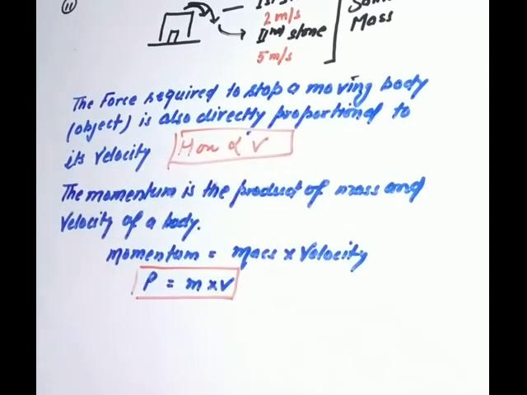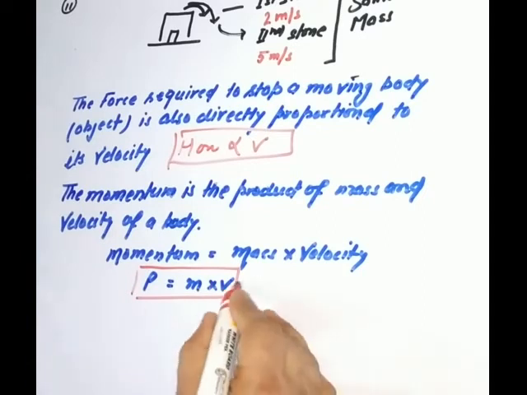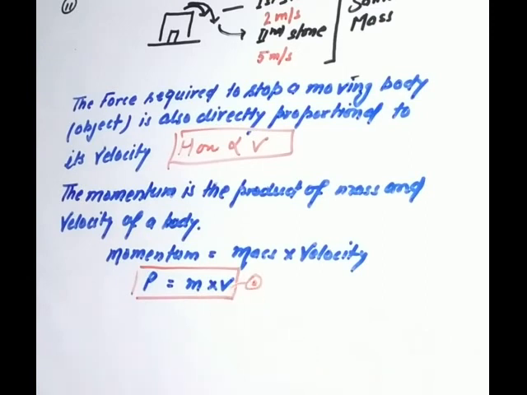If somebody asks what the momentum is at rest: if a body is at rest, the velocity of that body becomes zero. So there is no momentum, so momentum also becomes zero at that time.